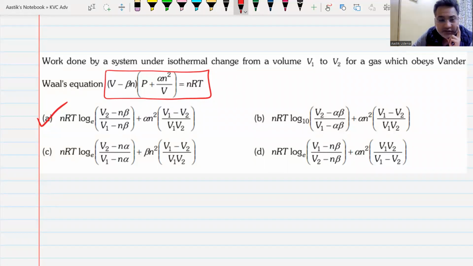We move ahead to the next process. What is the next process? The last process? No, not the last. What is the next process? Adiabatic. The next process is adiabatic process. What is peculiar about the adiabatic process? Delta Q is equal to 0.